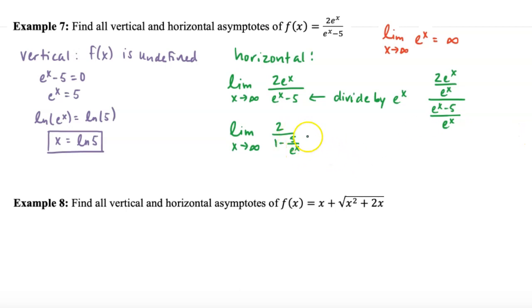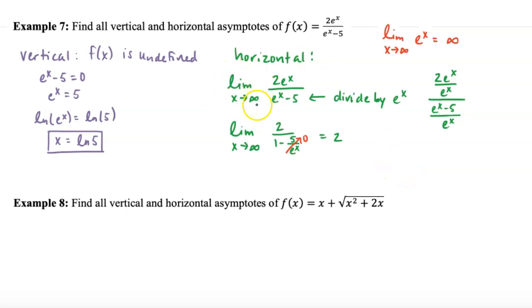Now, why is that important? Because this tells me that just like when I have a constant over some form of x as x approaches infinity, if I have a constant over something that's getting bigger and bigger, as my denominator is getting bigger, this term is going to go to 0. And so what am I left with? I'm just left with 2 over 1, which is equal to 2.